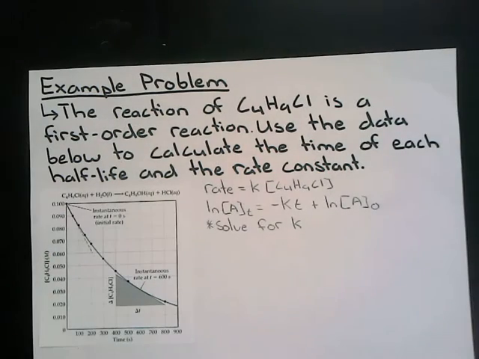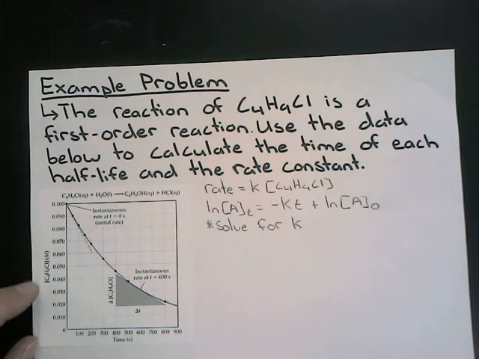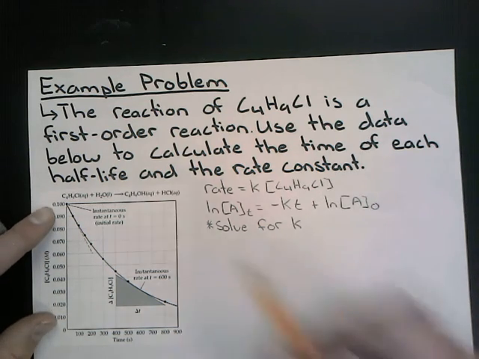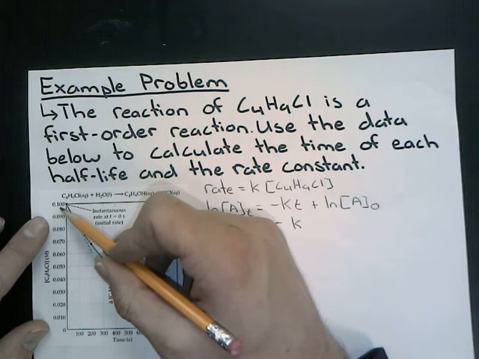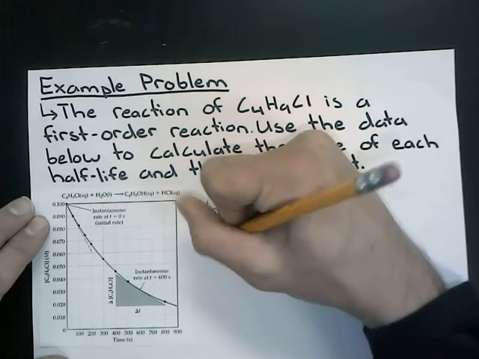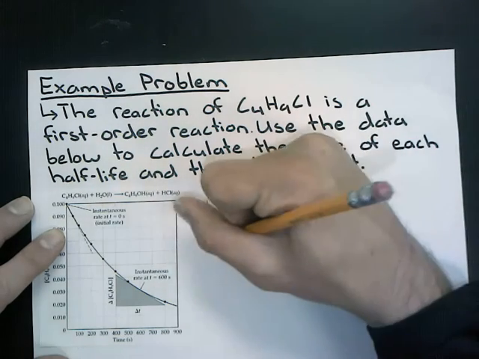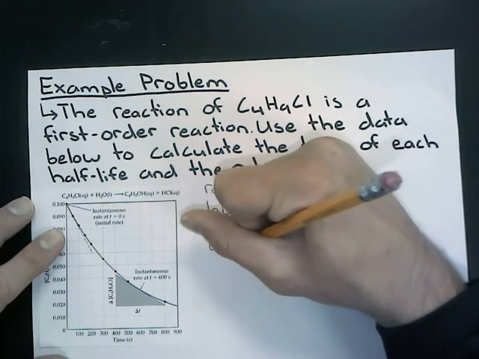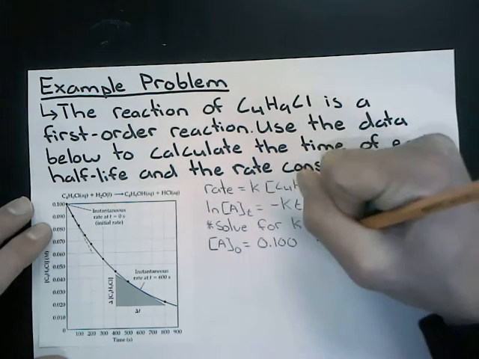And the way we need to do this is we need to pick out times where our value of chlorobutane decreases by half. So we start out here, if you look on the graph, with 0.100. So initially our value for A, our initial value, is going to be 0.100.